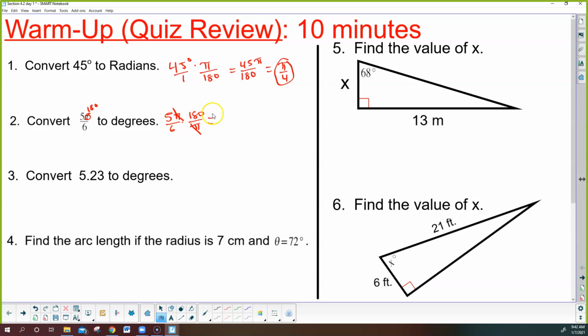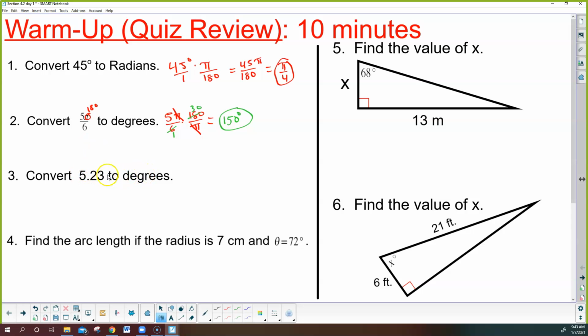You multiply straight across, and you end up with, actually, instead of multiplying, this might be a little friendlier. 6 goes into 180, so if I reduce that, it ends up being 30, and 5 times 30 is 150.